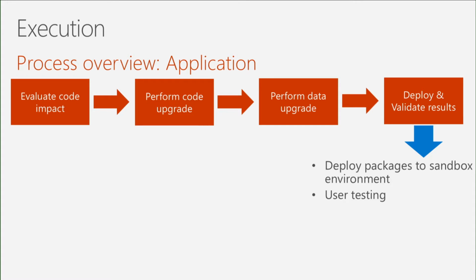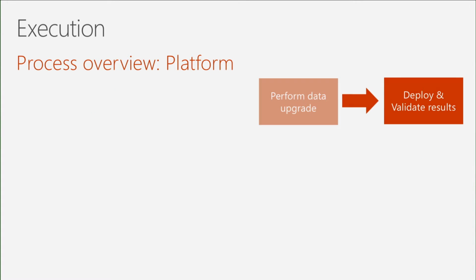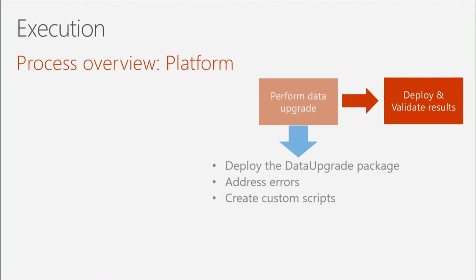Now, if we compare that to platform, there's not that much to it. If you haven't overlayered, there's no code upgrade because none of that code applies to what you've customized in that environment.